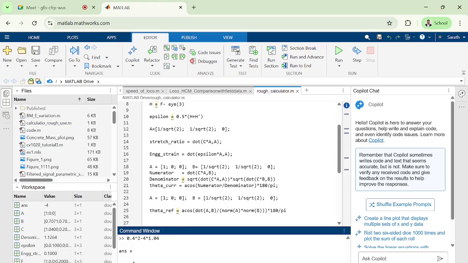Let's define a matrix, say F1 is equal to [1 0 0; 0 1.0001 0.0001; 0 1.0001 0.9999]. Okay, this is some matrix.